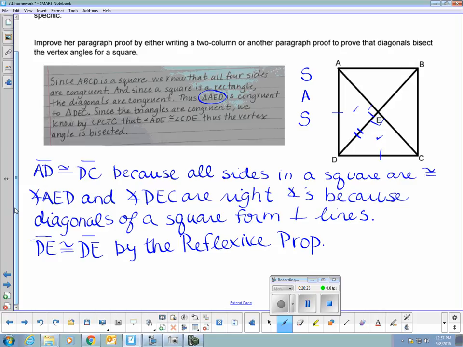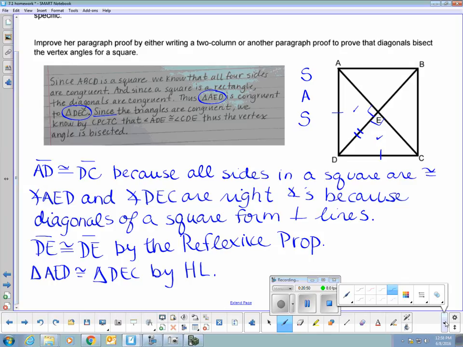So I can now say, like Lisa said, that these two triangles, triangle AED and DEC, are congruent, and now use CPCTC to say that, finally, these two angles are congruent, and therefore they are bisecting.